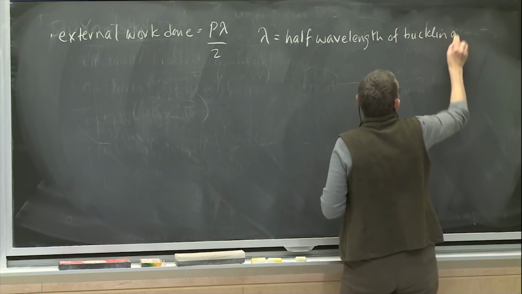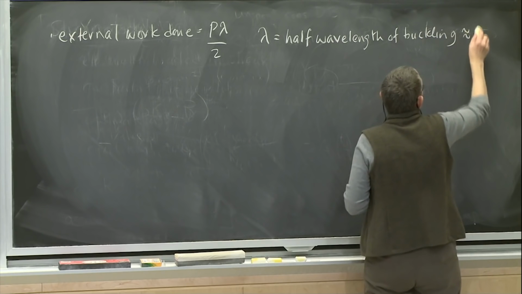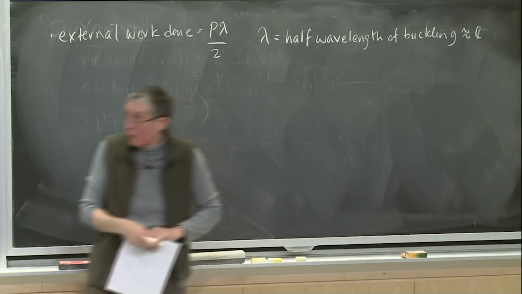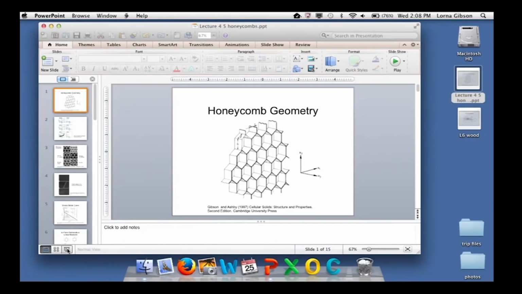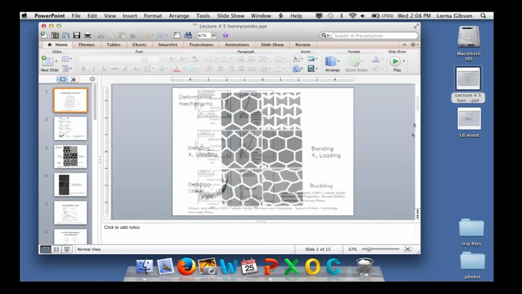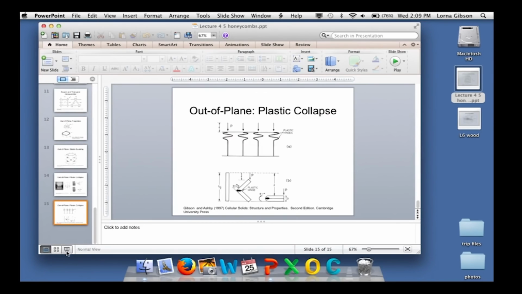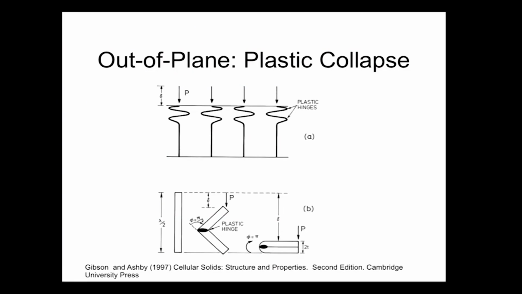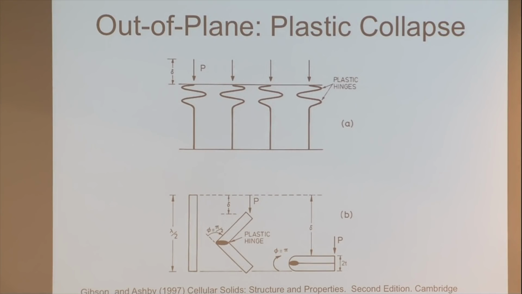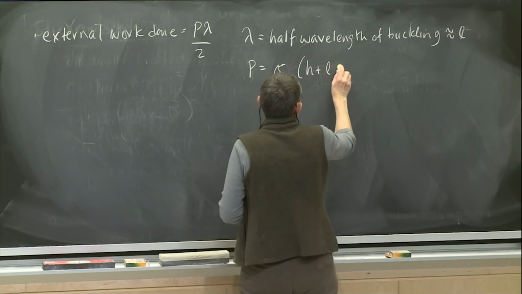And I'm going to say for these tubular kinds of things, it's in the order of L. So if you look at that last slide, let me scoot back down here. If we look at that again, the magnitude of the buckling wavelength is on the order of L. And here, the load P can be related to the stress in the 3 direction. Just multiply it times the area of the unit cell.